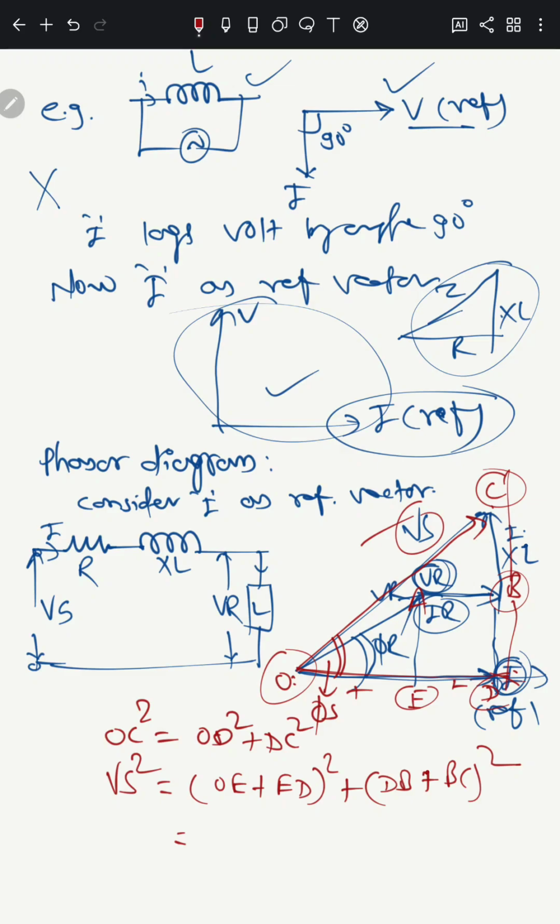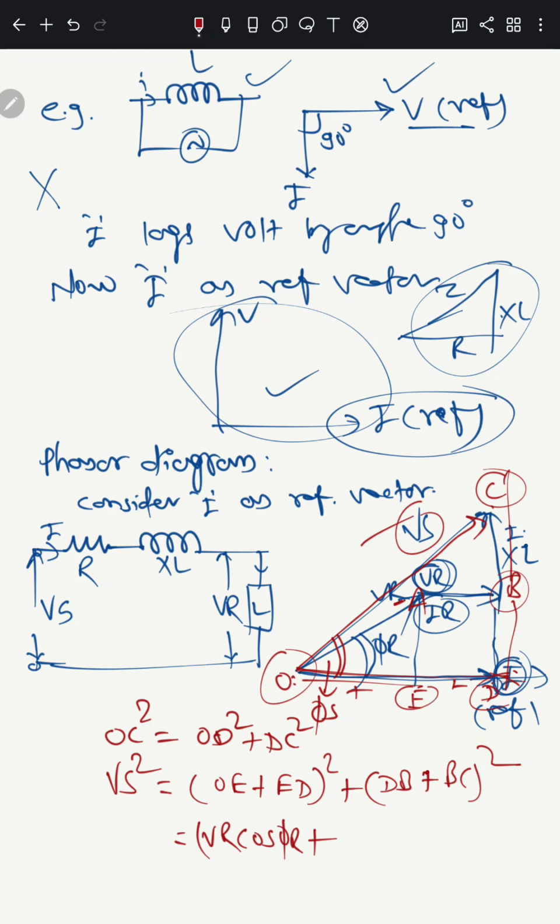Now if you look at this length OE, for this case it is related with VR, so we can write VR cos phi r plus this part ED.